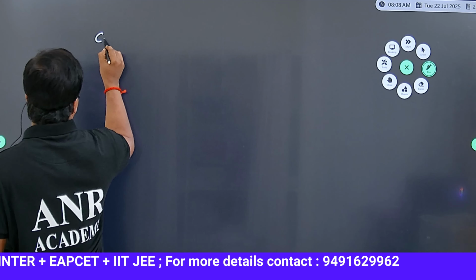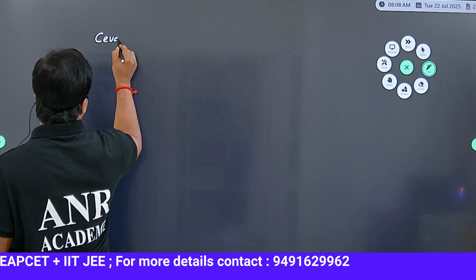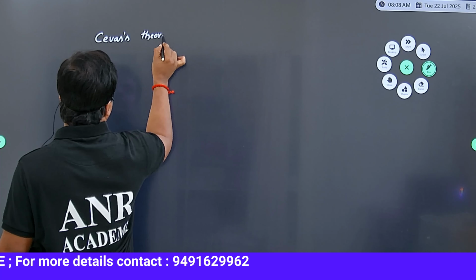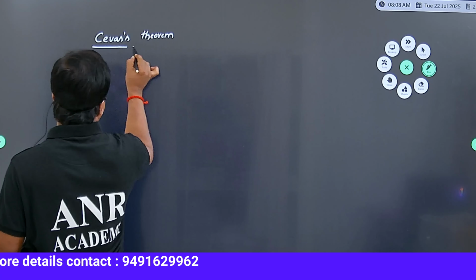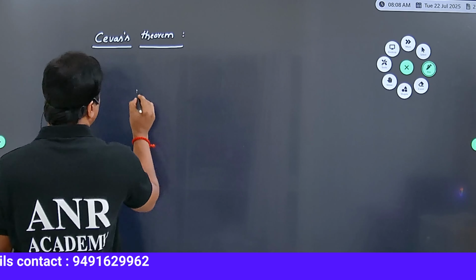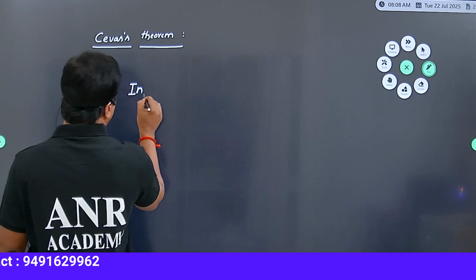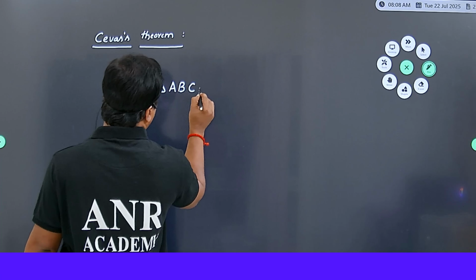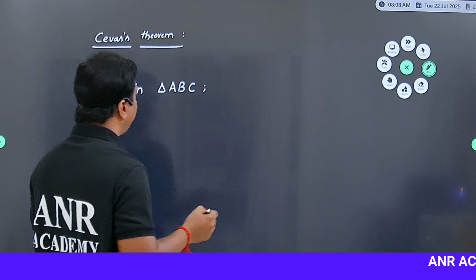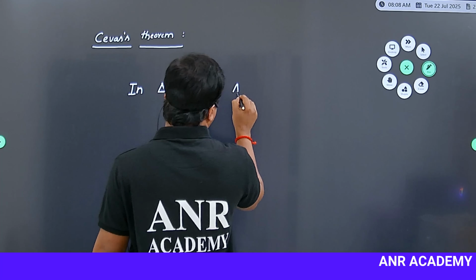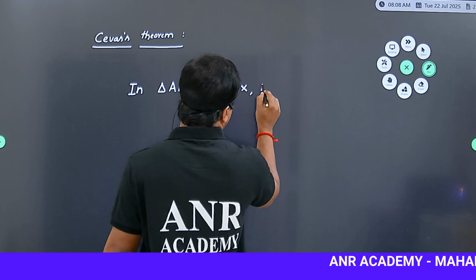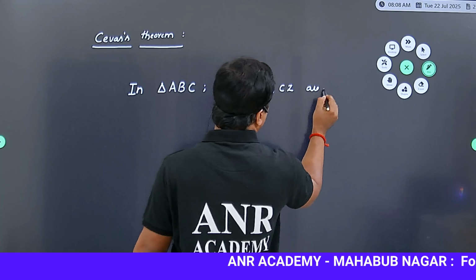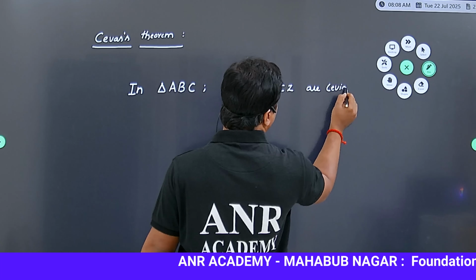The statement of Ceva's theorem. Suppose in triangle ABC, AX, BY, CZ are cevians.